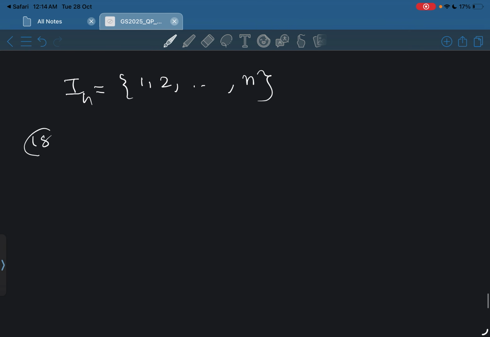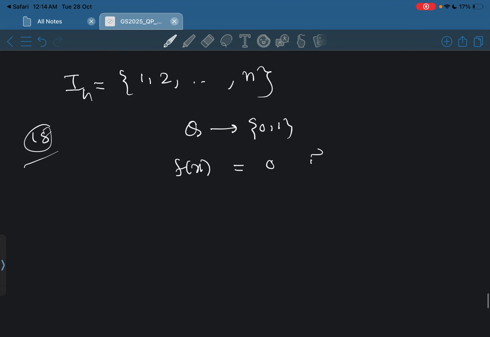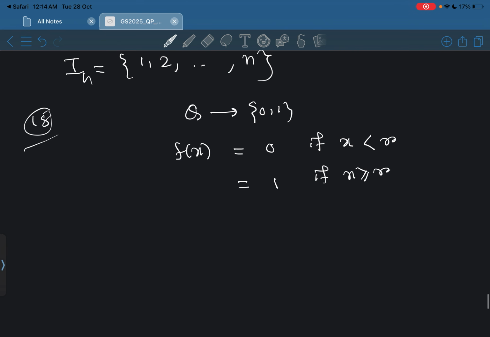This is a standard trick available in many metric space books. If you know this trick, then you can do it. So define f(x) equal to 0 if x is less than r, and f(x) equal to 1 if x is greater than r.